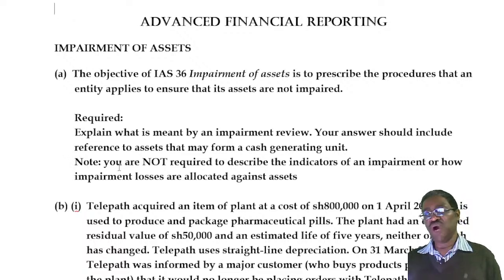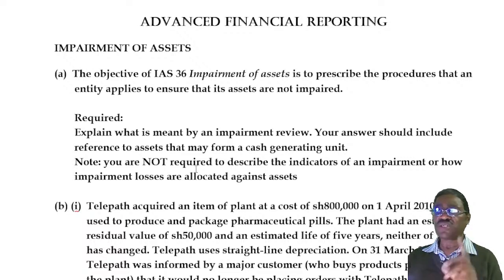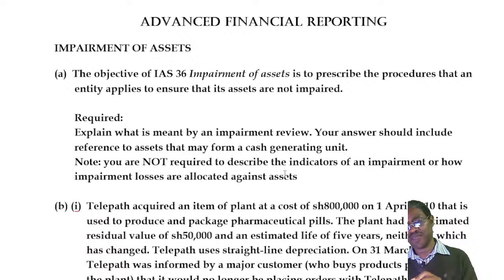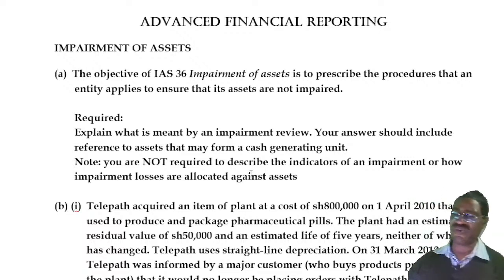Note, you are not required to describe the indicators of impairment or how impairment losses are allocated against the assets. So that is just a theory part of the question.